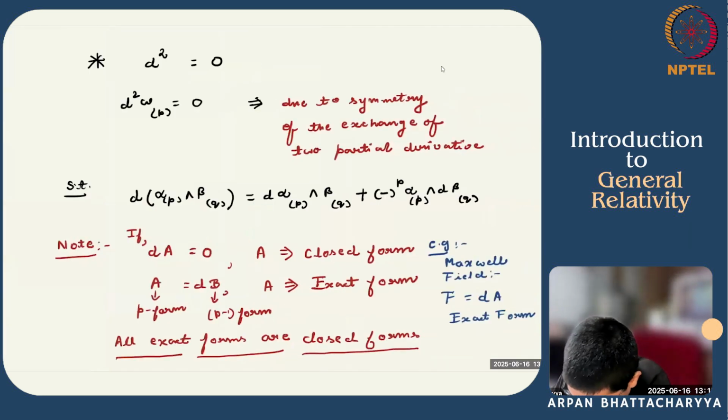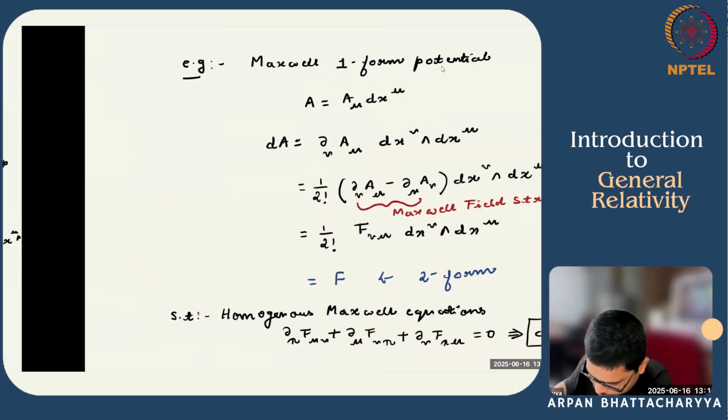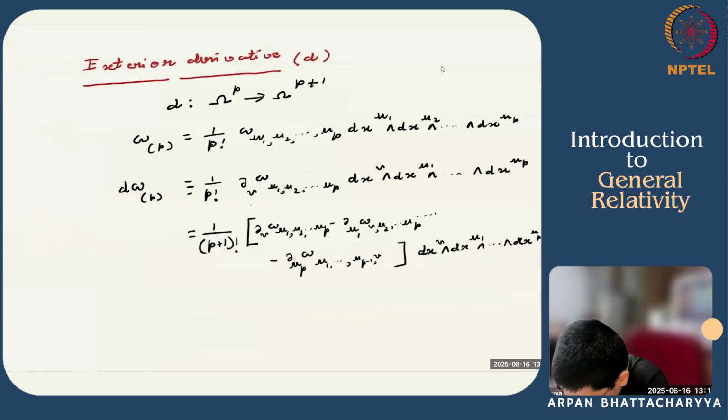Now, one important property of this exterior derivative is that if you apply it twice, d squared, it gives zero. Remember, this is an operator, so it should act on something. So d squared acting on, let's say, a p-form will give you 0. Why? Each d gives you a partial derivative, so two d's will give you two partial derivatives.